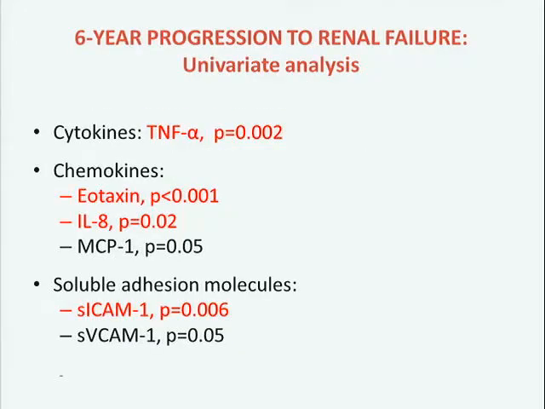Our second outcome was progression to renal failure. And as you can see from this slide, immediately there are a lot more of the markers which are related to this outcome. Not only the soluble adhesion molecule, the intercellular adhesion molecule 1, but also the vascular cellular adhesion molecule 1.